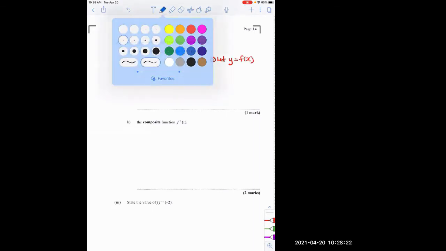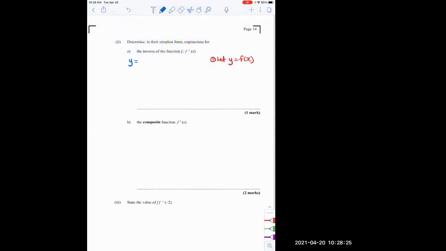Determine in the simplest form the inverse of the function. So the steps, step 1, let y be equal to f of x. So y is equal to 3 minus 2x. To make x the subject, or you can interchange either one.